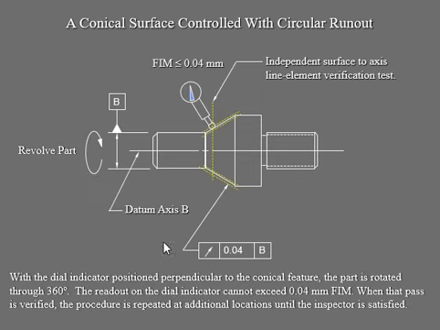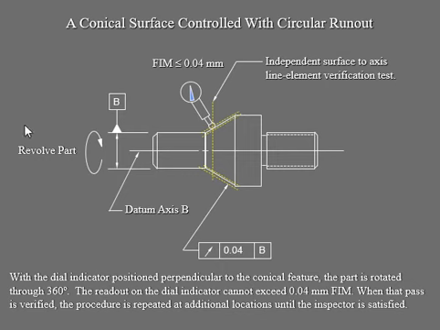You should be able to read everything by now from the diagram. Of course, now we're dealing with the datum axis B, because our datum reference is right there. The rotation, which is your revolved part, can go around like that. We're going to gauge it to make sure that your surface is going to stay within this zone. So your FIM is going to be less than or equal to 0.04 millimeter, but not over. These things you should get one by one.